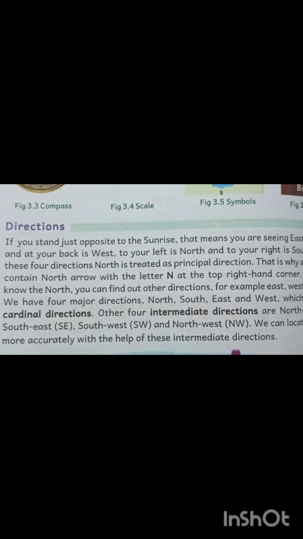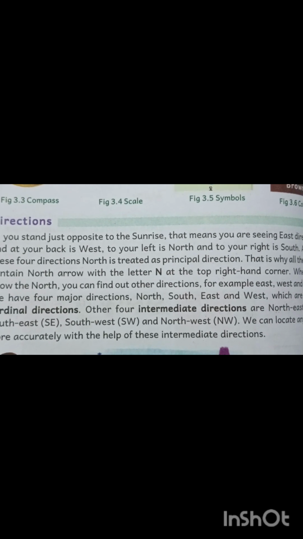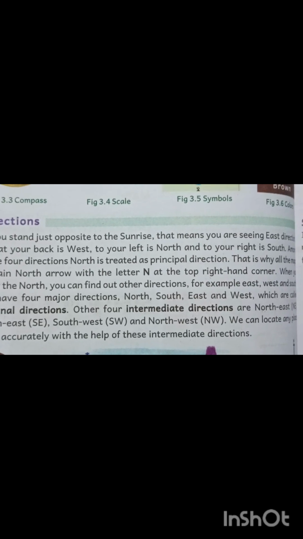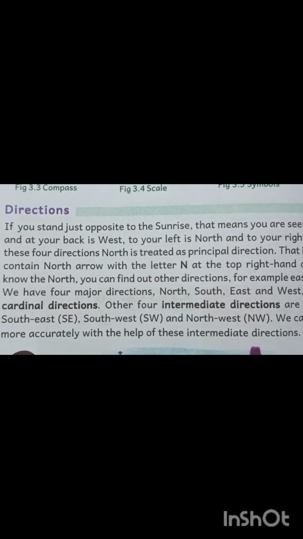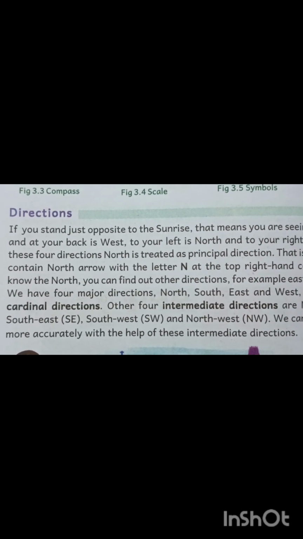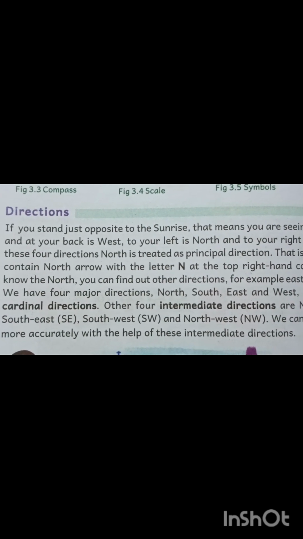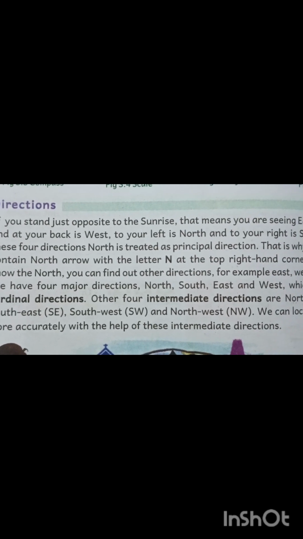We have four major directions: north, south, east, and west, which are called cardinal directions. The other four are called intermediate directions.